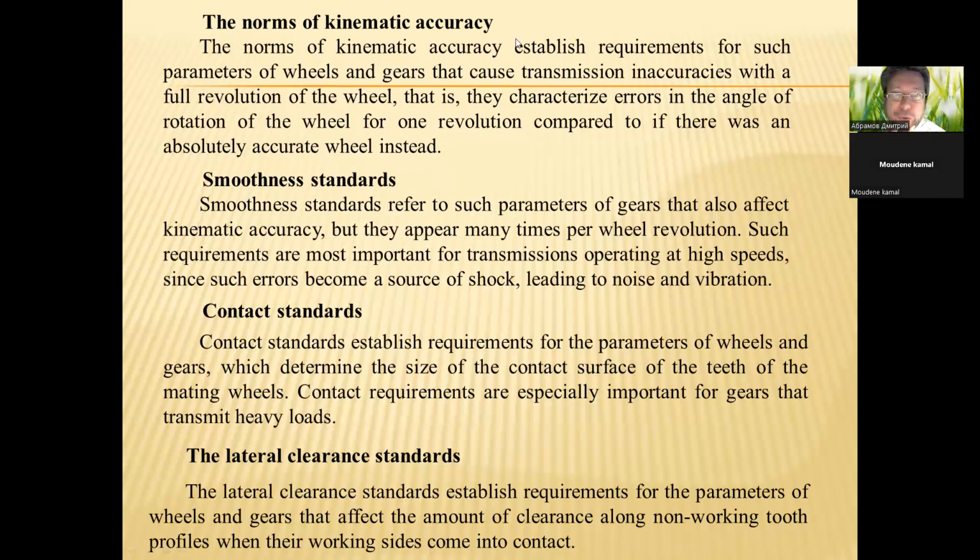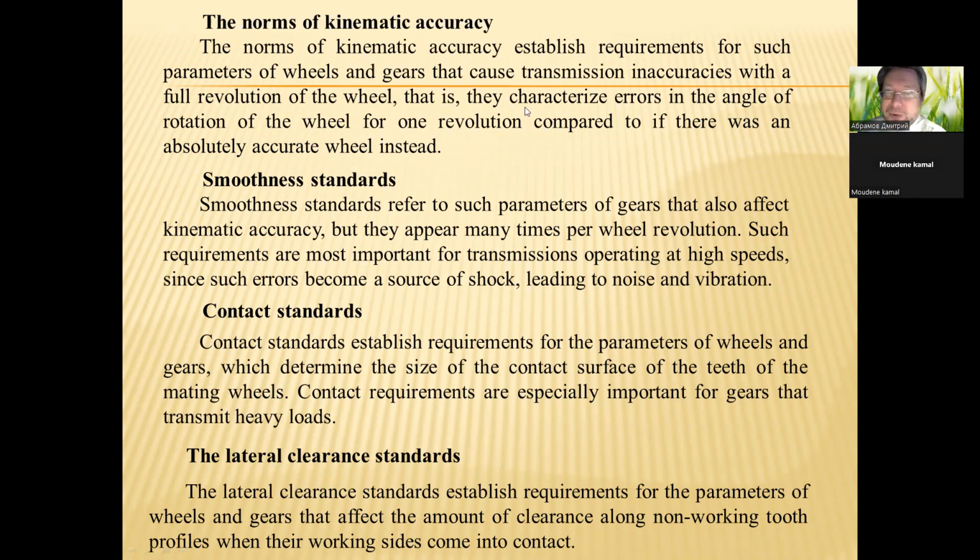Okay. Kinematic accuracy. It's errors in the angle of rotation of the wheel of one revolution compared to if there was an absolutely accurate wheel instead. Our wheels, our gears have errors. First gear and second gear have the errors.